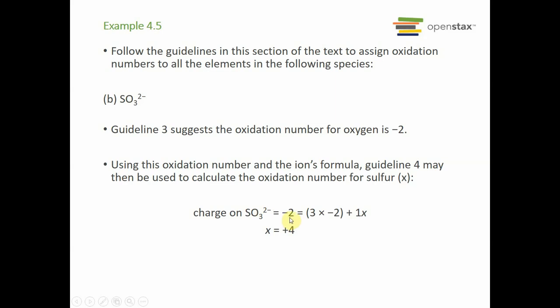So we're going to say -2 is going to equal 3 times -2, that is, 3 times the oxidation number on the oxygen, plus 1 for the 1 sulfur, x. And you solve for x there, and you get that the oxidation state, or oxidation number, of sulfur is +4.